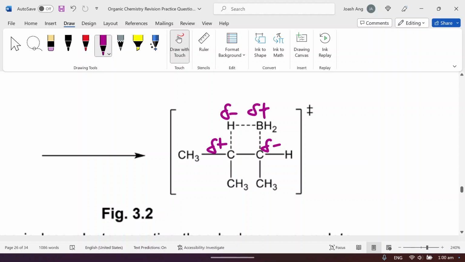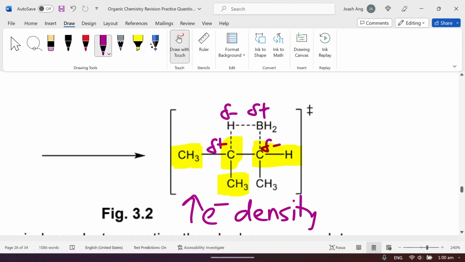Notice that the partially positive is on the carbon that is more substituted, and this carbon right here is less electron deficient due to the three alkyl groups that are electron donating and increasing the electron density on this partially positive carbon right here.